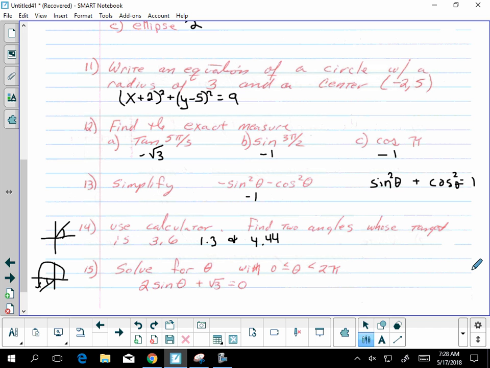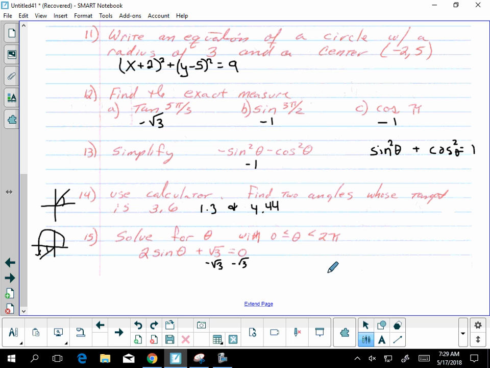All right, let's take a second and solve. So on this one, start by subtracting radical 3. And you then are going to divide by 2, and you get sine theta equals negative radical 3 over 2.